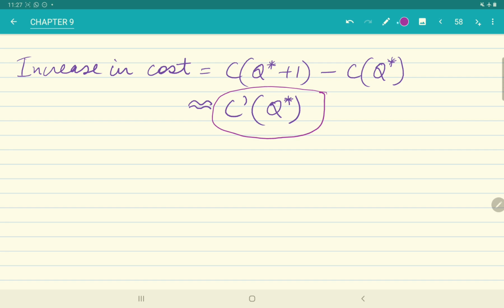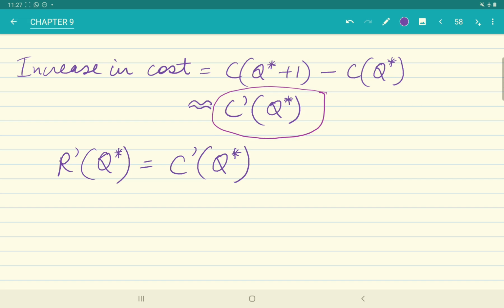Now, what that equation tells us is that R'(q*) is equal to C'(q*). What does that mean? That means what we gain from selling an extra unit is exactly offset by what we lose from producing that unit. So the marginal revenue of selling an extra unit is exactly offset by the marginal cost of producing that unit.